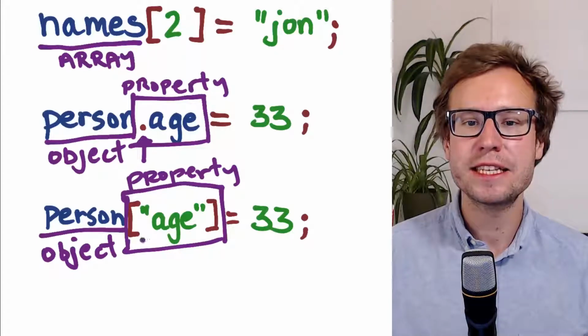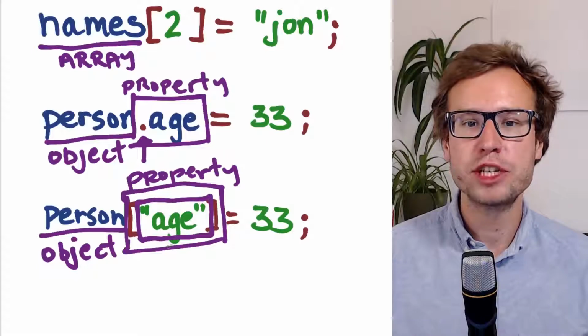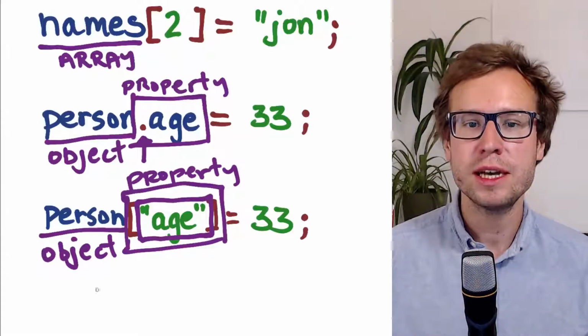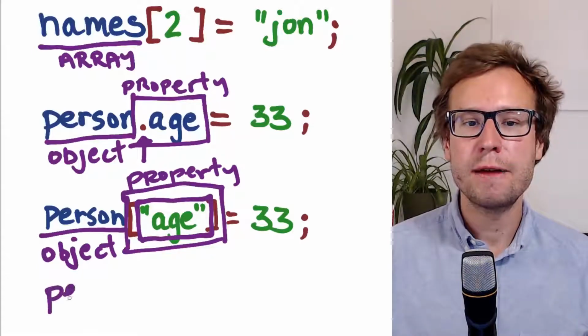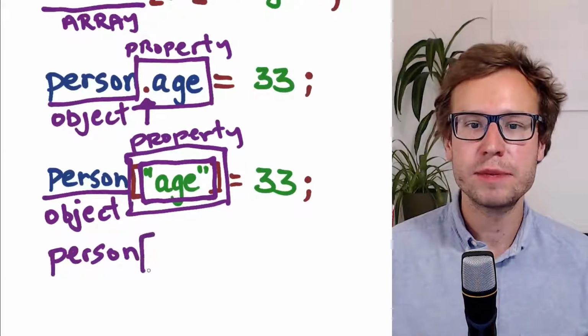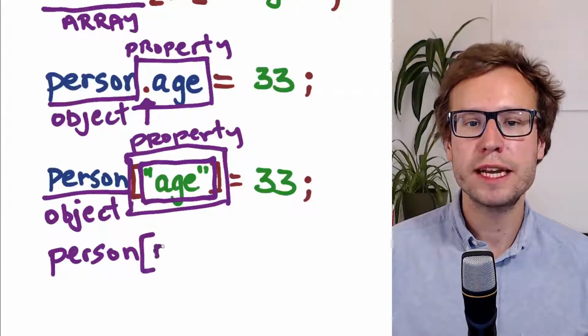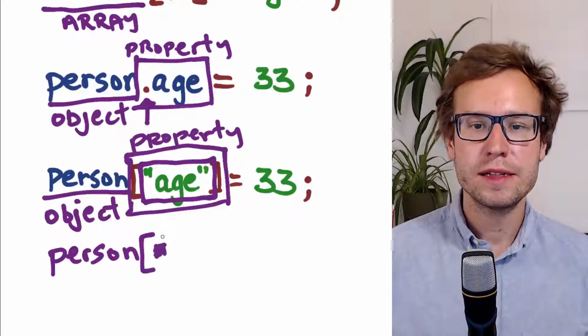This means that this string is actually a sub-expression. This could be a string like here, but let me just clarify. Because this is a sub-expression, it could also be anything that is a variable. I'll just name it something else here.